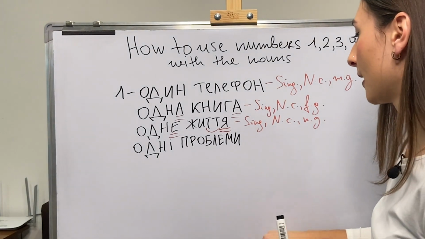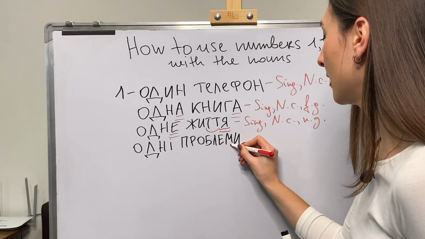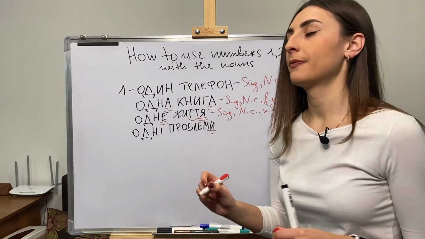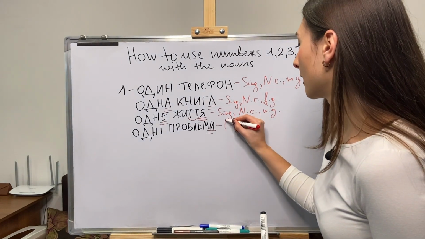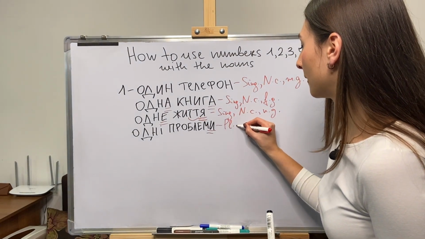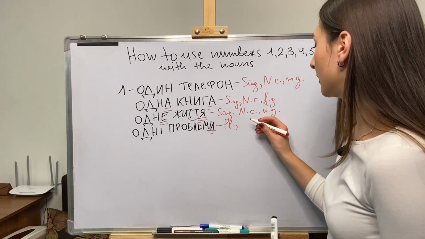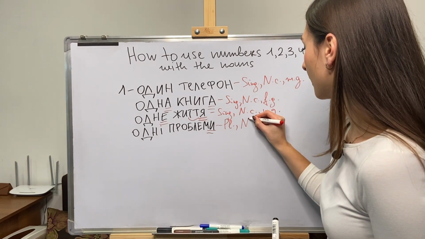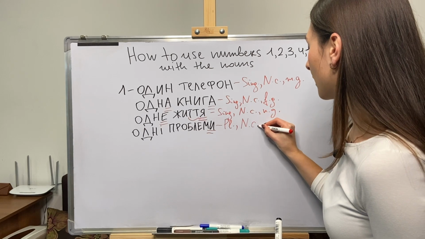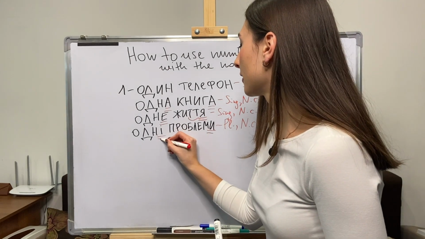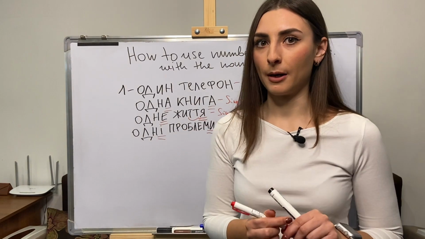Одні проблеми. So проблеми means problems. This is plural, again nominative case. Одні, you can see this is the plural form.